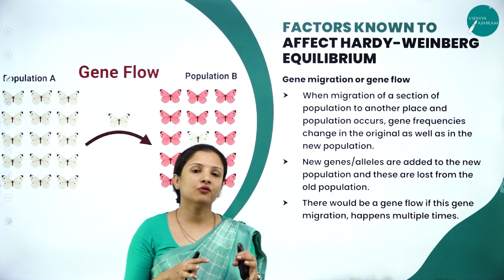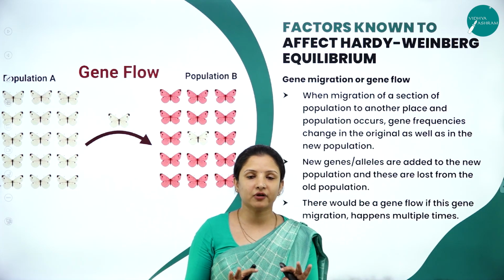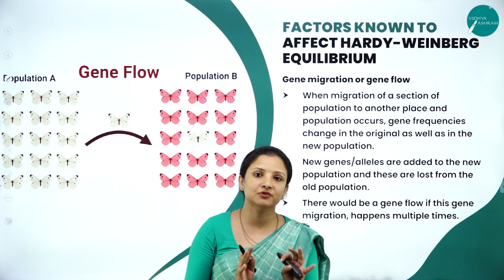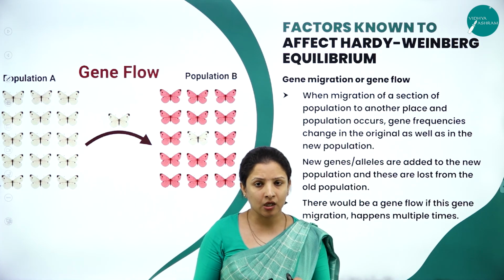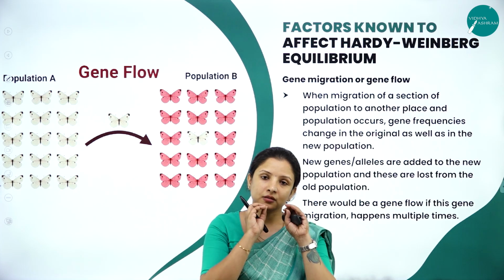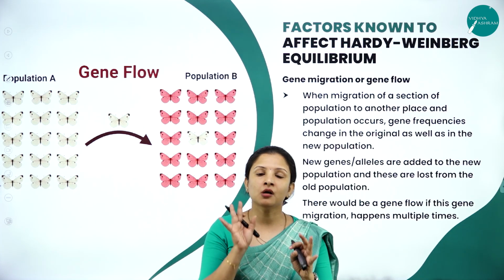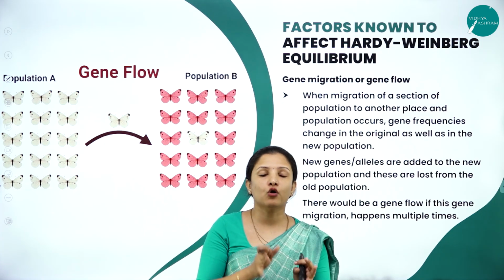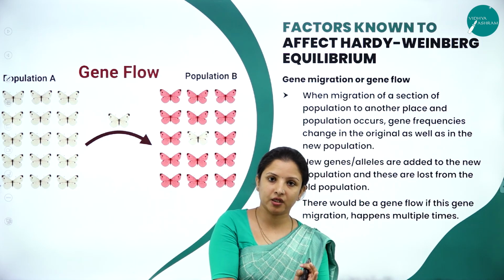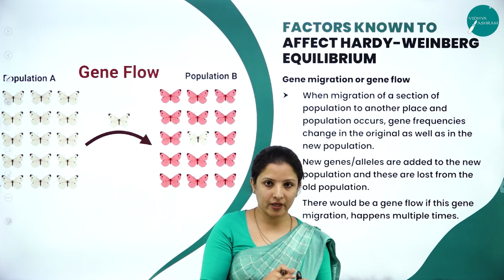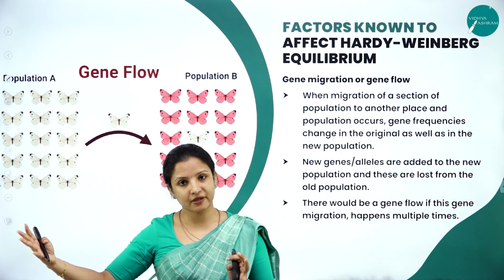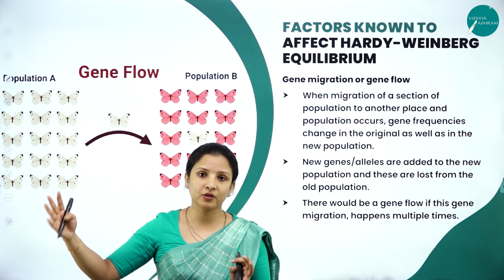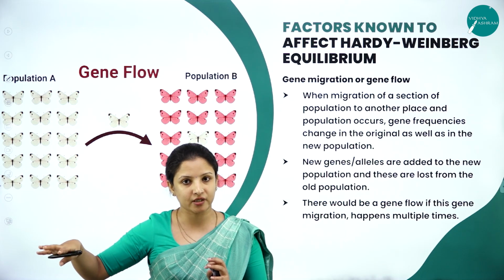So this happens from one particular population. Say for example, there is a group of organisms in a particular forest where lots of abundant food was there, and because of drought or something, the food got scarce. So the organisms had to move or migrate from that particular forest in which they were dwelling, from their habitat to a different habitat. Now when they go to a different habitat, they will mate with the organisms present in that habitat.